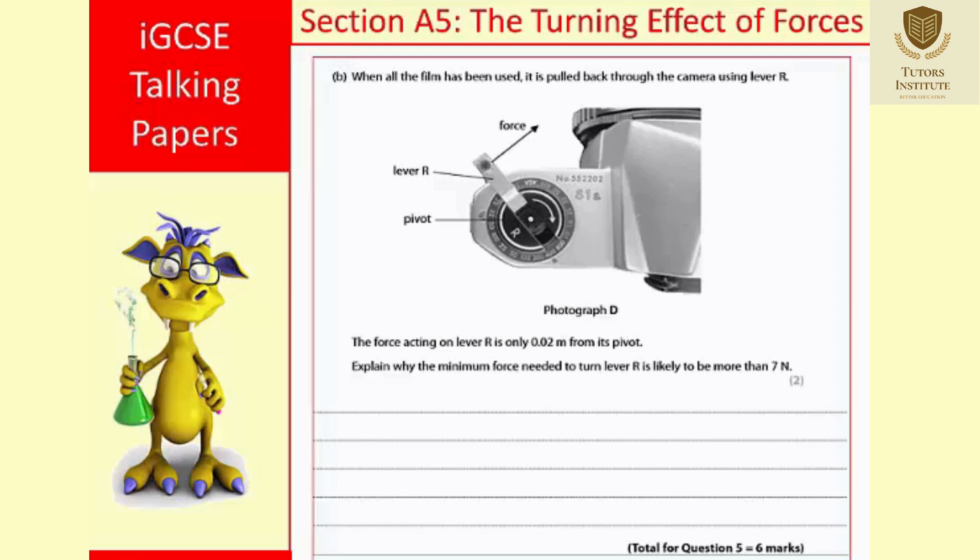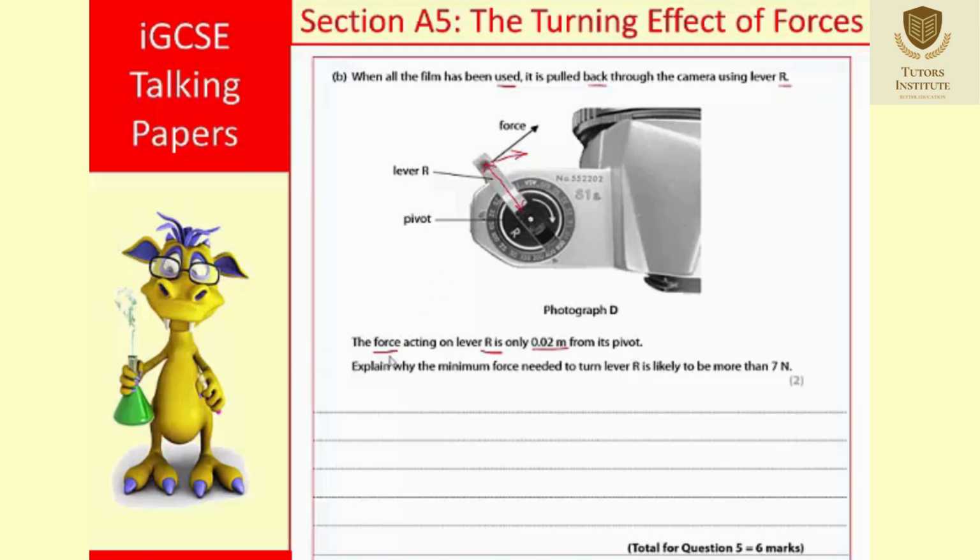Next, when all the film is used, you had to put it back through the camera using another lever. So a little lever here used to flip up, and you would then turn this and you'd pull all the film back through the camera and send it off to be processed. Now the force acts on lever R at only 0.02 meters, so it's a much shorter lever, so that there is 0.02 as opposed to 0.04.